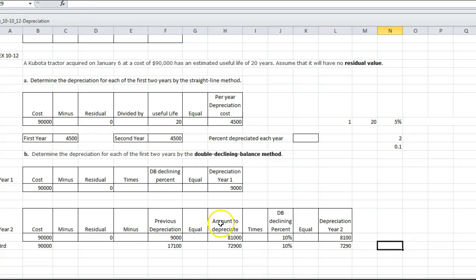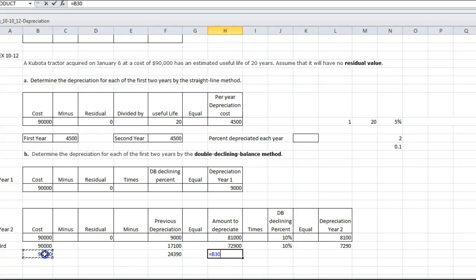The following year, 90,000. Now I have to add this 7,290 onto this 17,100, so that's going to equal this plus this. So I'm going to deduct that $24,000 from the $90,000.